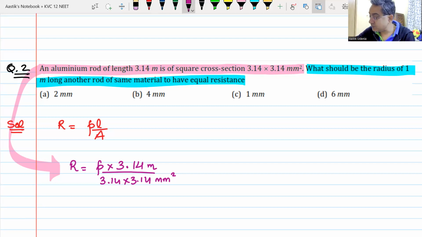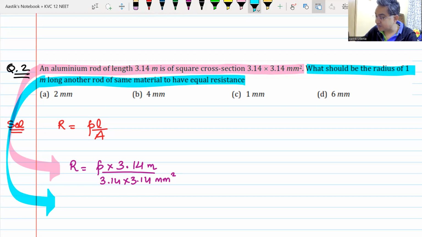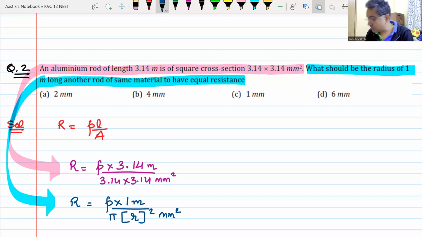Then I move on to this blue rod. For this blue rod, the resistance has to be the same. So I write the resistance R as equal to rho multiplied by the length of this rod, which is 1 meter, divided by the area. I have to find out the radius of this rod, so the area is pi into R square, and the answer should come in millimeter because I'm not going to change the unit at all.